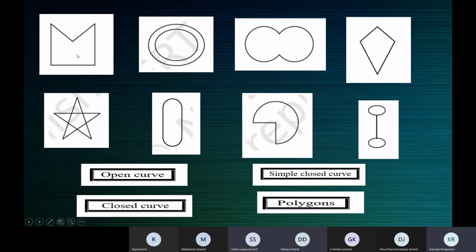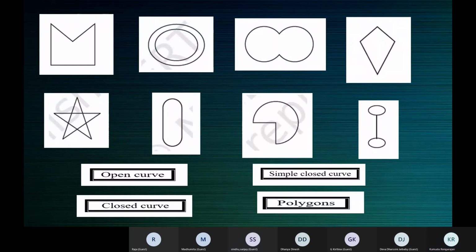Yes, ma'am. Then is it made up of only line segments? Yes, ma'am. Then is it a polygon? It is a polygon. How many sides? 5 sides, ma'am. If it has 5 sides, what's the special name? Pentagon, ma'am.